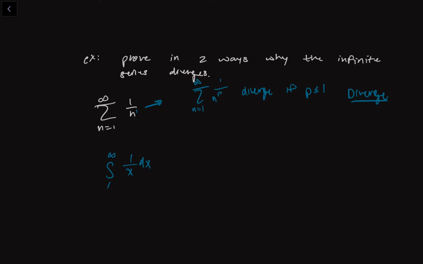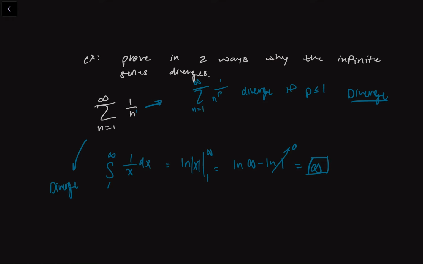We do the integral from 1 to infinity of 1 over x dx, we are going to get ln of x evaluated at infinity and 1. So we'll get ln of infinity minus ln of 1. Ln of 1 is 0, ln of infinity is infinity. The integral diverges, therefore the series must diverge. So we proved in 2 different ways why this divergent harmonic series diverges.